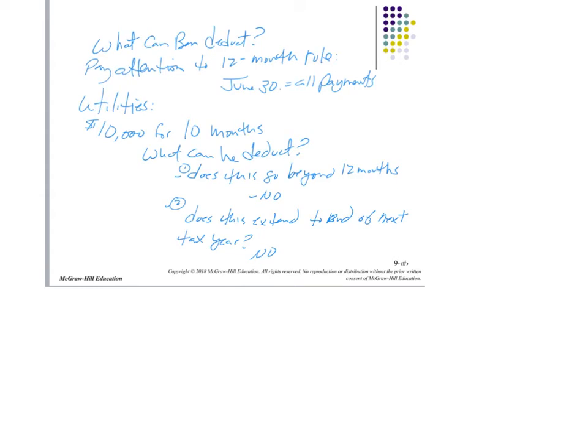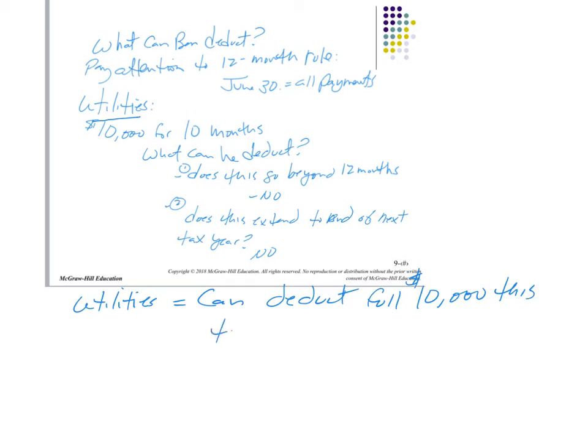For utilities, he can deduct the full $10,000 this tax year.